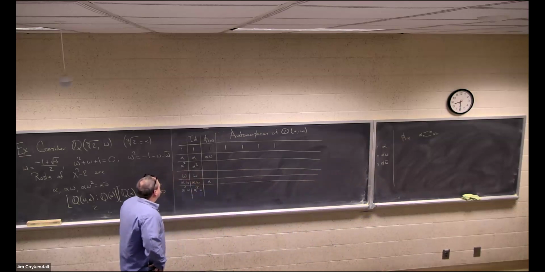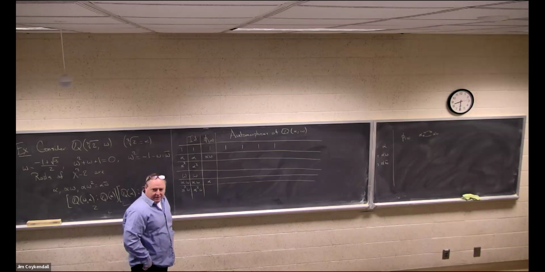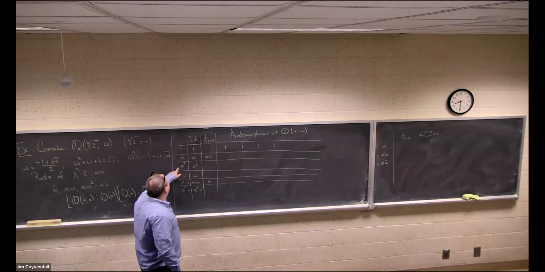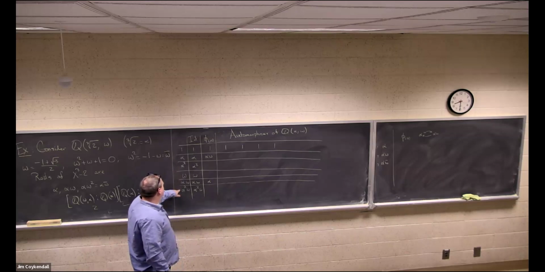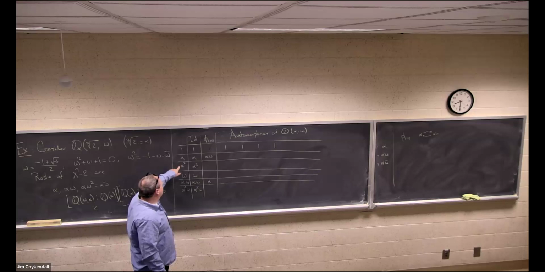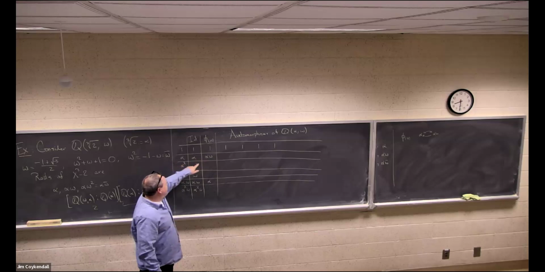How can I figure out where omega goes, for example? Alpha squared will go to alpha omega squared, right? Alpha goes to alpha omega, so alpha squared should go to alpha squared omega squared.